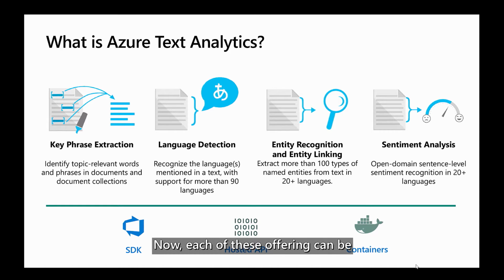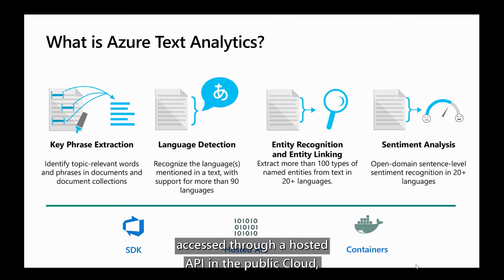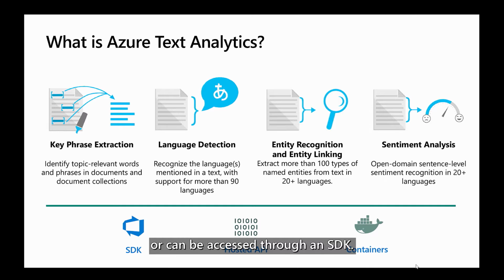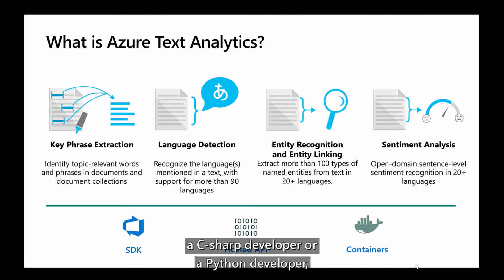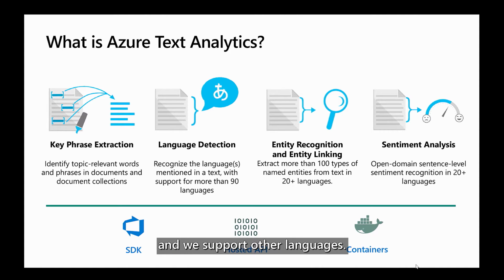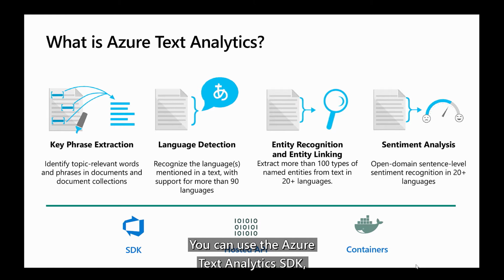Now, each of these offerings can be accessed through a hosted API in the public cloud, or can be accessed through an SDK. So depending on whether you are a C# developer or a Python developer, and we support other languages, you can use the Azure Text Analytics SDK. Just do a pip install, and it will install in your environment, and you can use it.